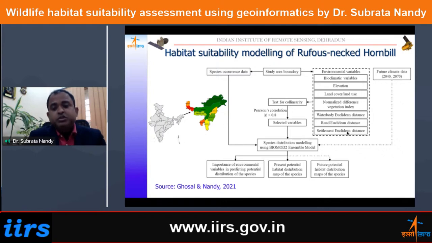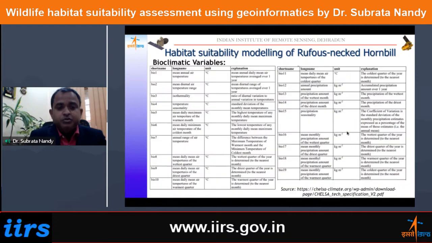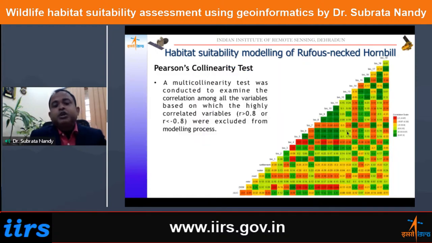So to reduce this and select the uncorrelated variables, we have done this Pearson collinearity test, multi-collinearity test, to examine the correlation among all the variables, based on which the highly correlated variables were excluded from the modeling process. So the variables which are uncorrelated were selected finally for modeling.